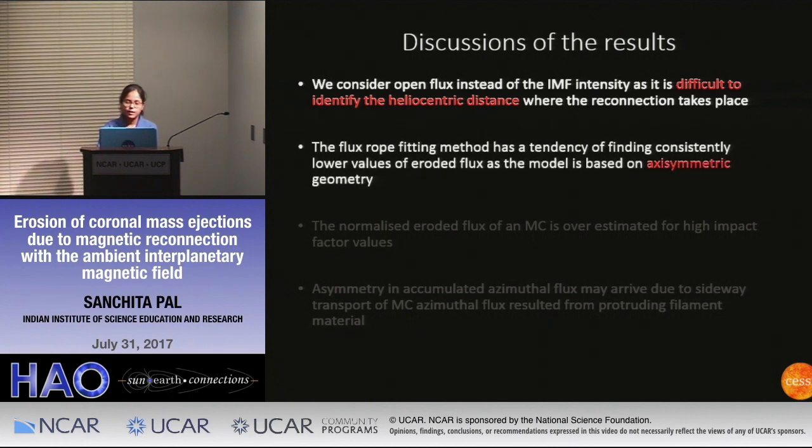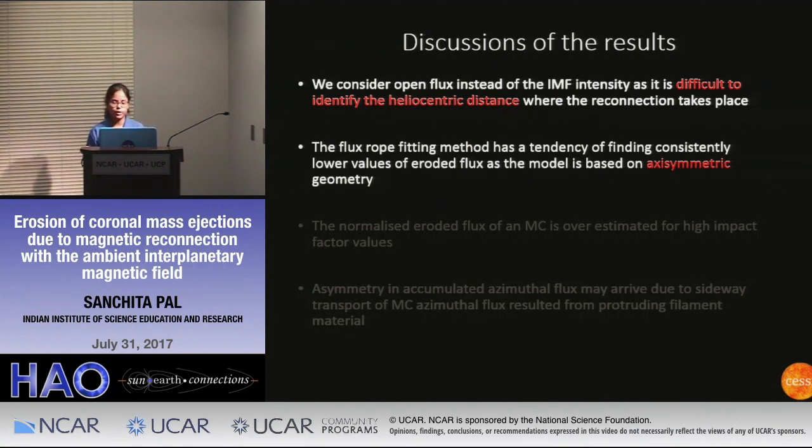The second one is the flux rope fitting method which we have considered. That fitting method assumes an axisymmetric geometry, because we consider the expansion of the flux rope, but the flux rope will always be symmetric from its center, which does not happen when a CME gets eroded. So it is not a symmetric thing.